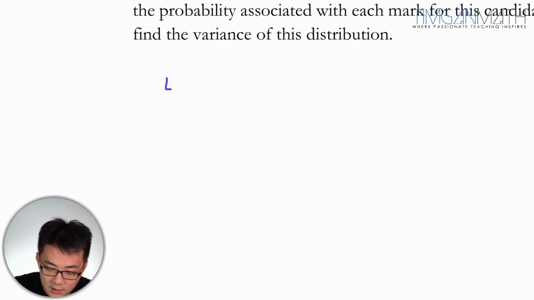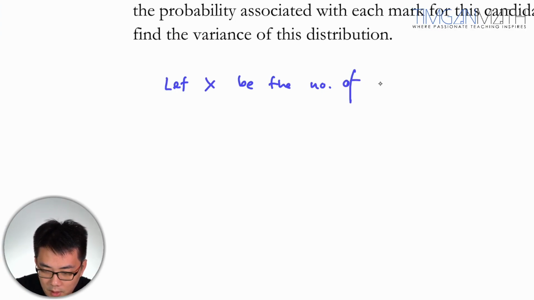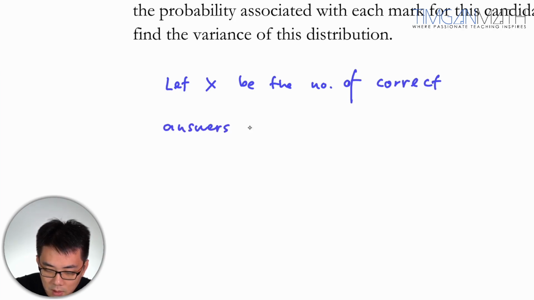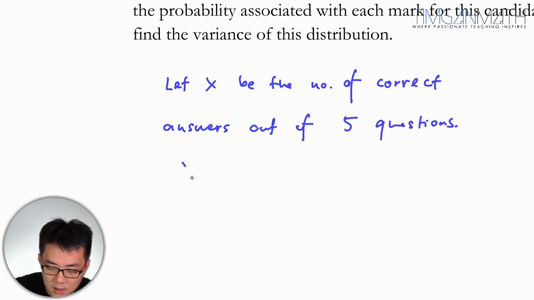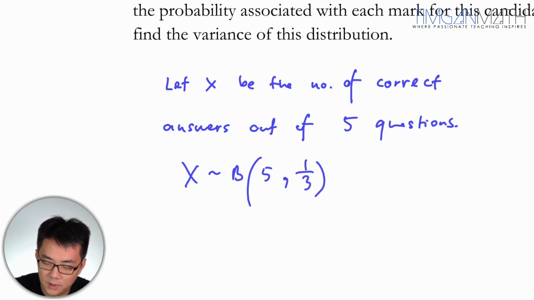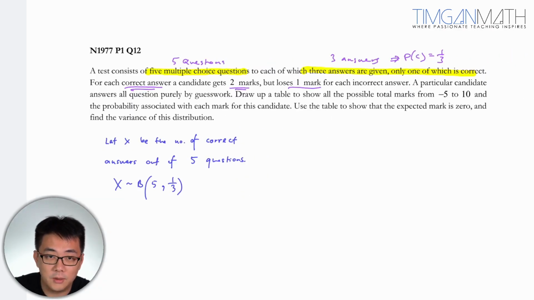So we just let X be the number of correct answers out of 5 questions. So in this case, this will just be a binomial distribution with 5 trials, and the probability of each one getting correct is 1/3.